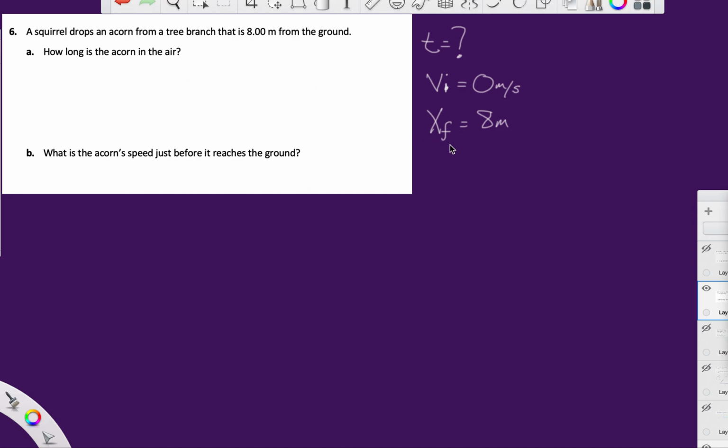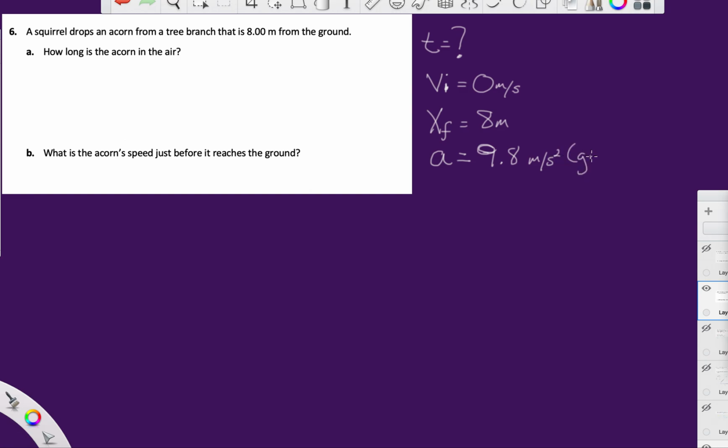Do we know the acceleration? If somebody drops something from a height, what is the acceleration? And our acceleration is 9.8 meters a second squared.